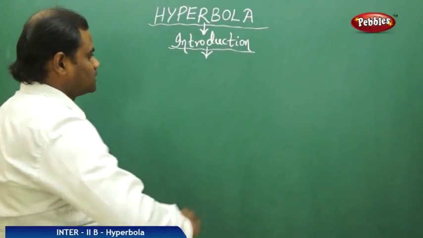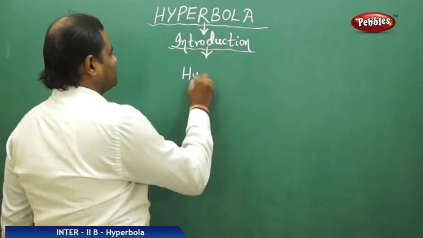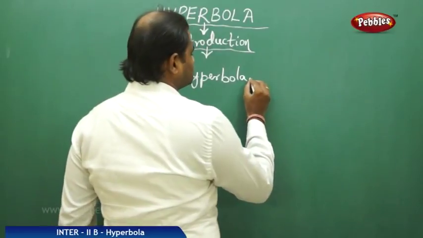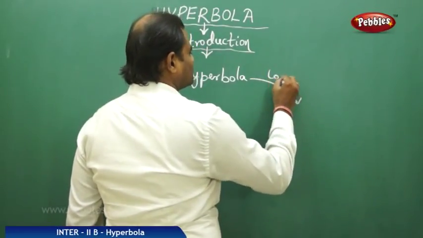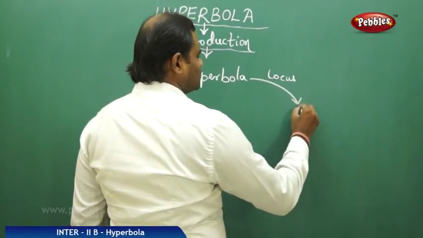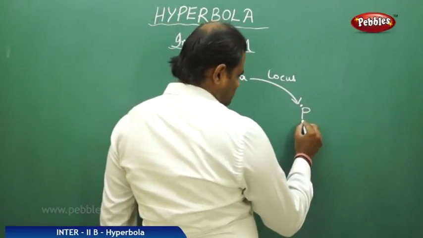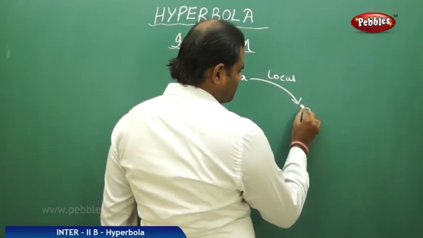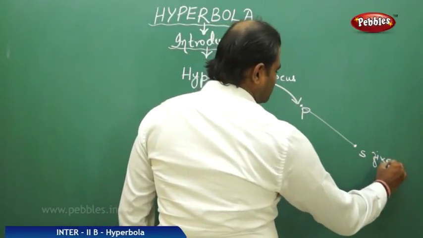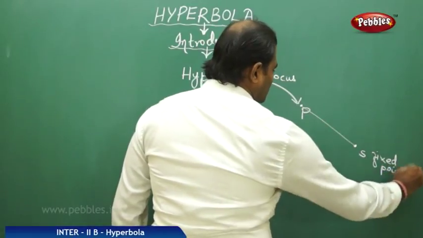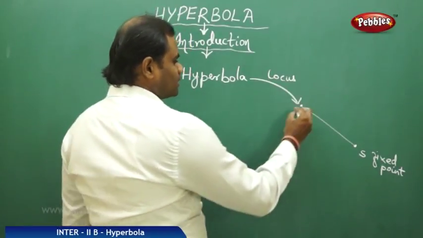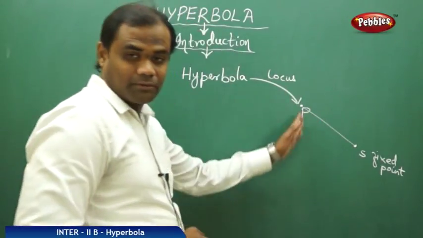Now, as we know, a hyperbola is the locus of a point P such that its distance from the fixed point, which I denote with S, is always greater than its distance from the fixed straight line.